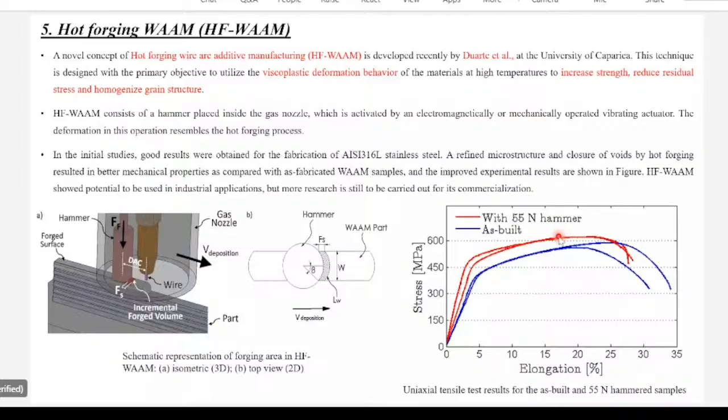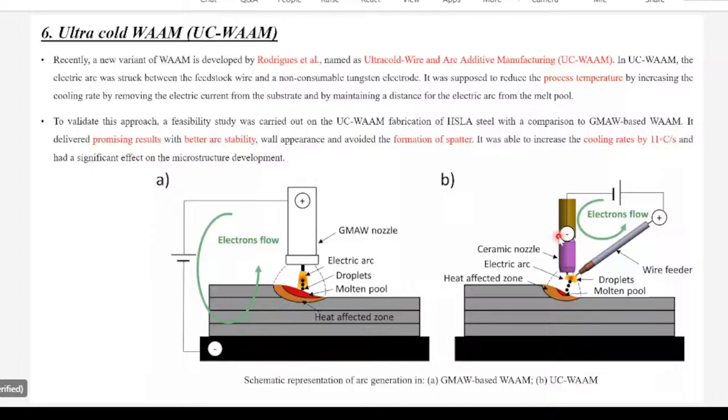And the last but not the least, ultra cold WAM, a new concept in WAM. A new variant of WAM is developed by Rodrigues, named ultra cold WAM, because conventionally we are doing it like this. The electron flow is like this in the GMAW process.